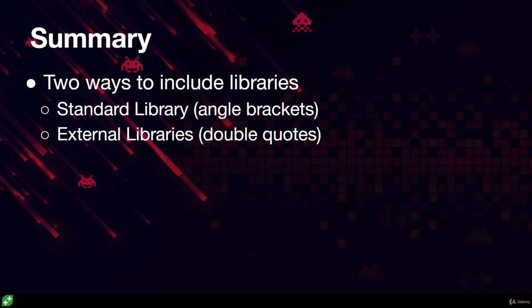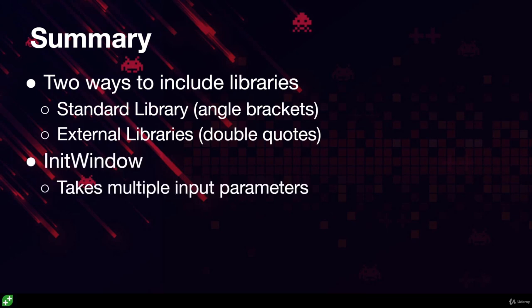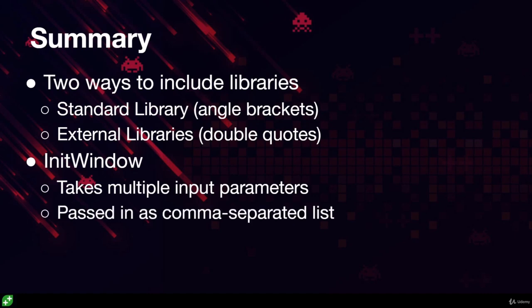We made a function call to init window, a function that takes multiple input parameters. And we learned that we pass multiple parameters into a function's parentheses as a comma-separated list. We made our pop-up window, but it disappeared right away. So in the videos to come, we're going to work on keeping that window open and displaying some interesting things inside of it.